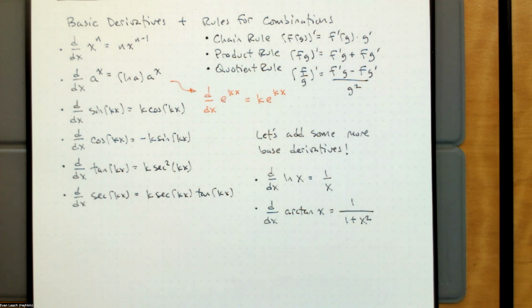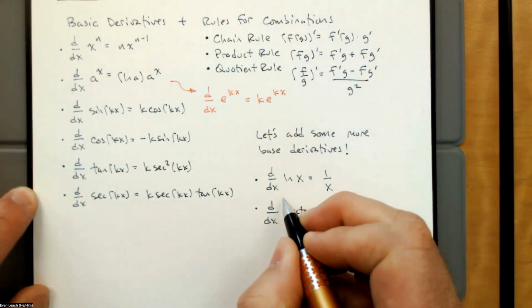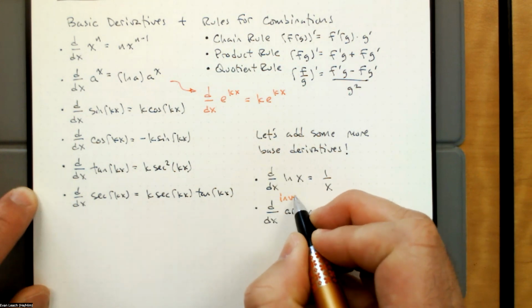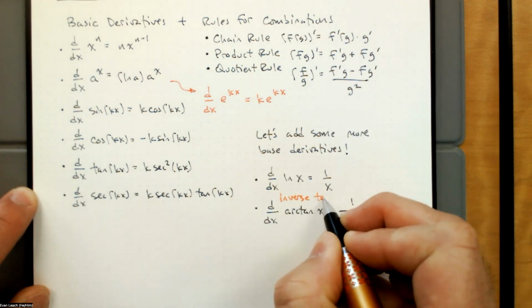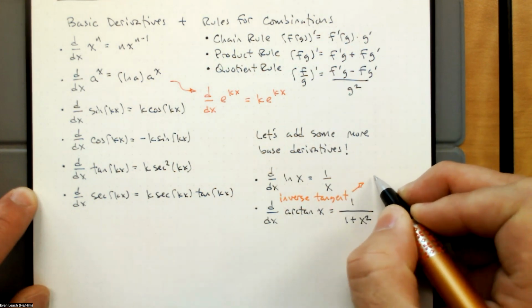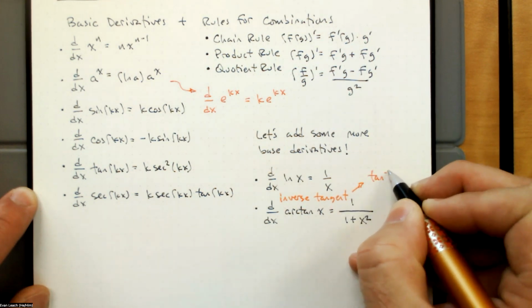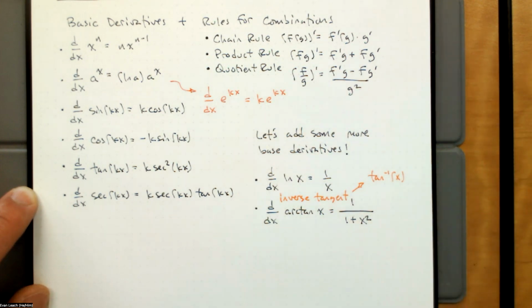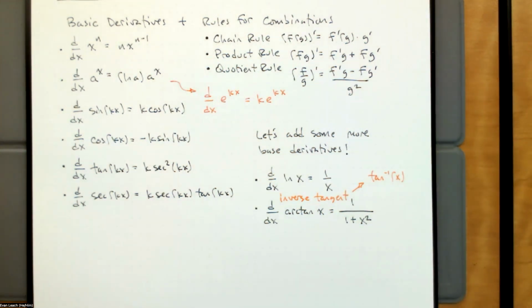So arctangent x is inverse tangent, or tangent inverse. This also might be written as tangent inverse of x.